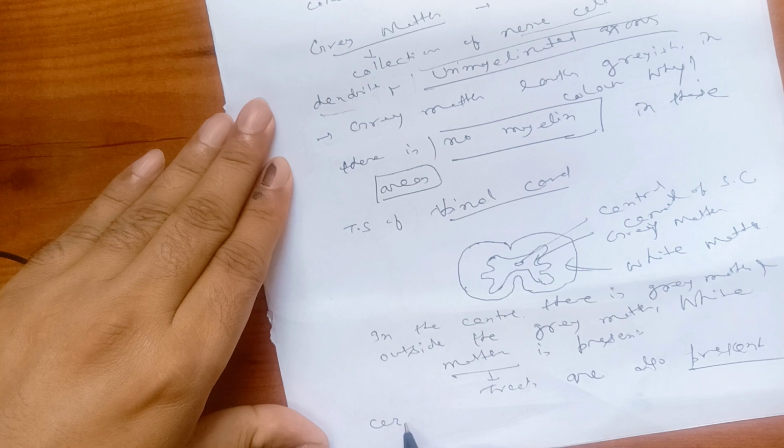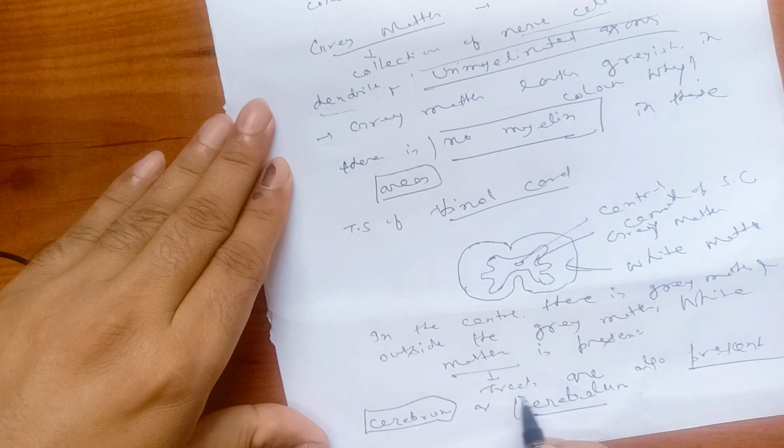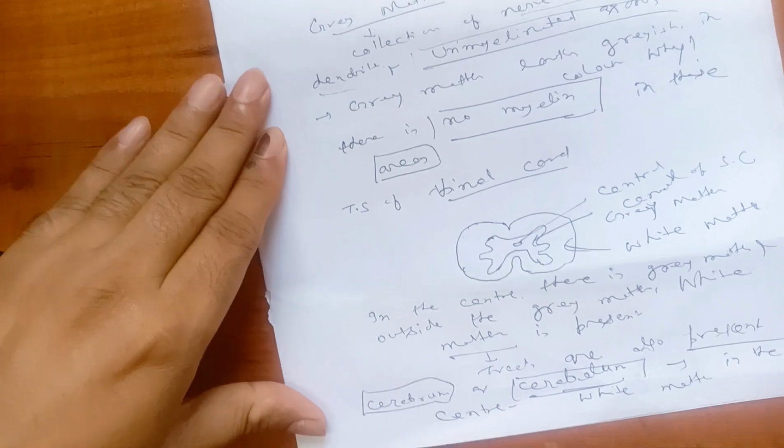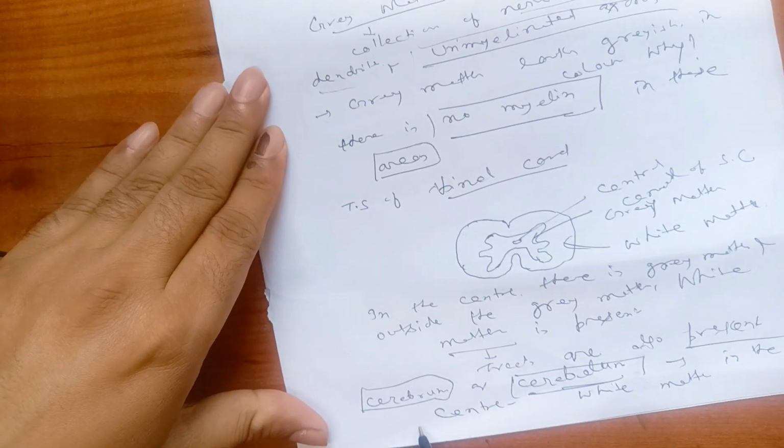Whereas the cerebrum is part of the forebrain, and the cerebellum is part of the hind brain. In the center there is the white matter, and outside there is the gray matter.